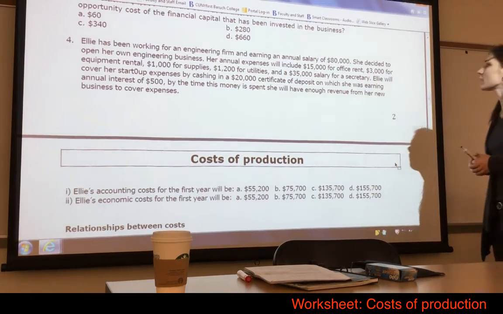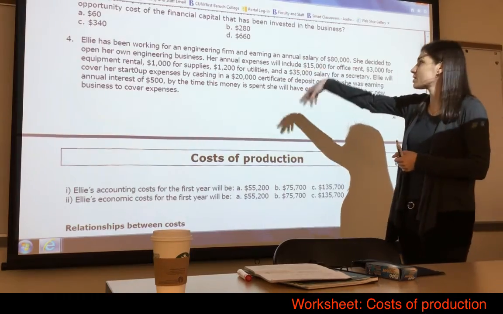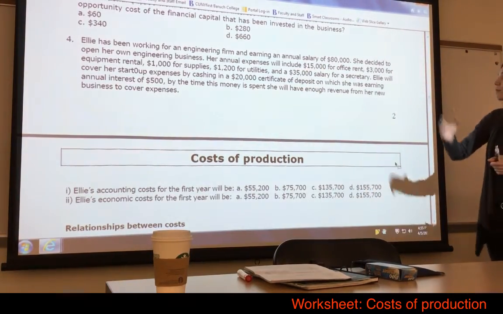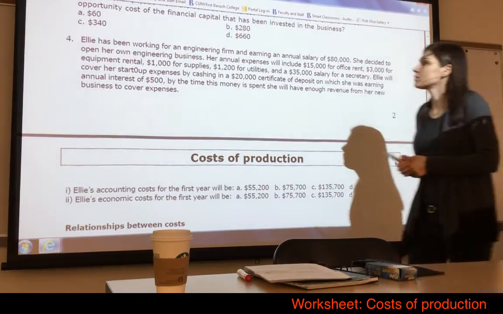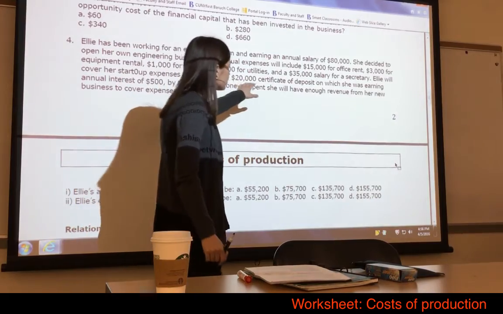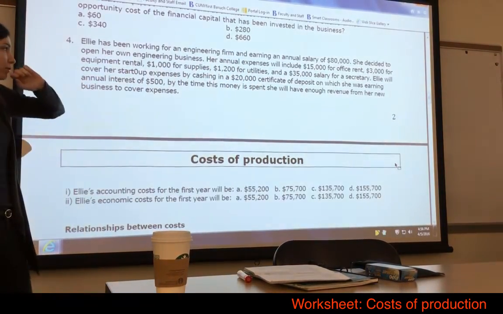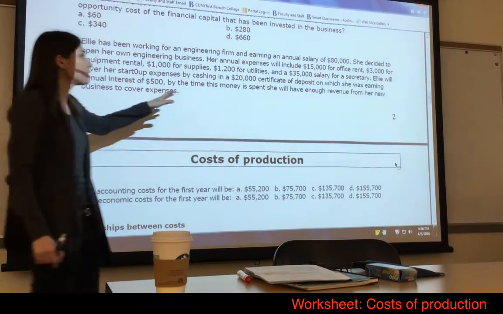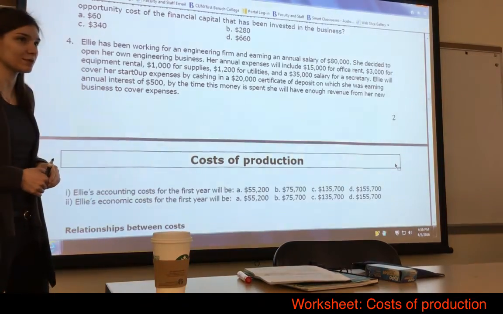Explicit, exactly. 3,000 for equipment, 1,000 for supplies, 1,200 for utilities, 35,000 salary. Those are explicit, right? She will cover her startup expenses by cashing in a 20,000 certificate of deposit on which she was earning an annual interest of 500. By the time this money is spent, she will have enough revenue for her new business to cover expenses.